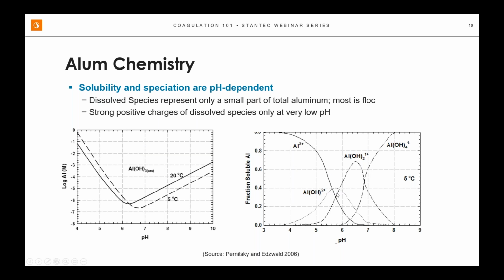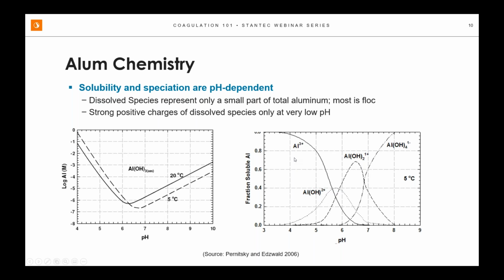This graph, though, just shows you what's happening with the species that happen to be dissolved. And I include this because most of us just think when we add alum, we're adding Al3+. But that's not exactly what you're getting in solution. That aluminum mixes with the water and it hydrolyzes.